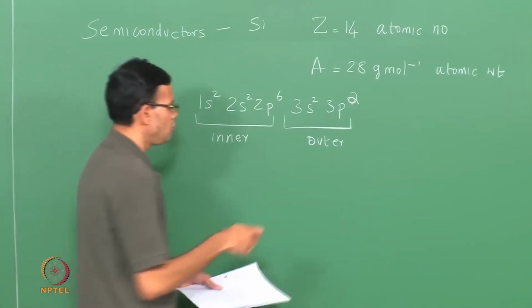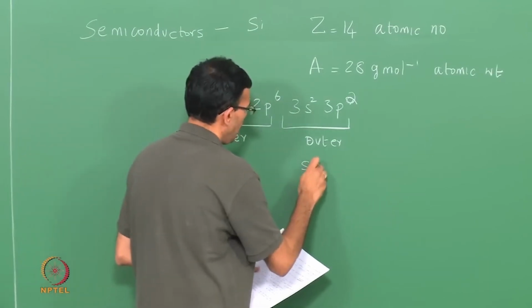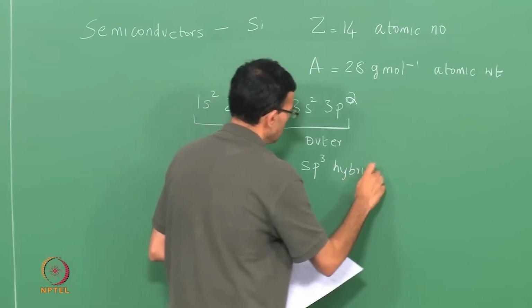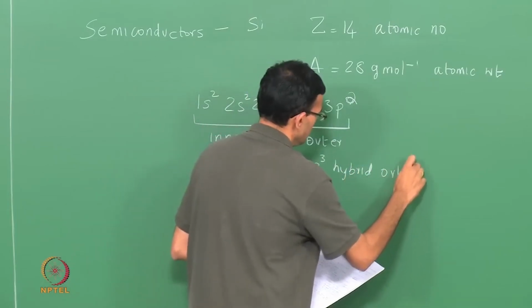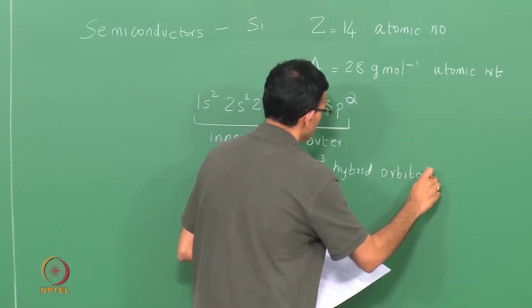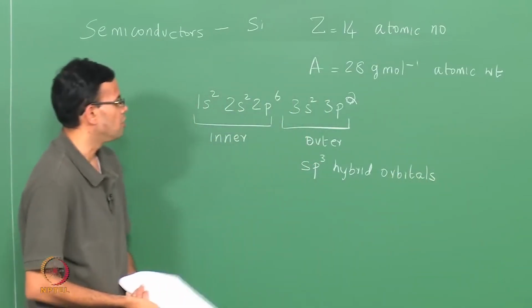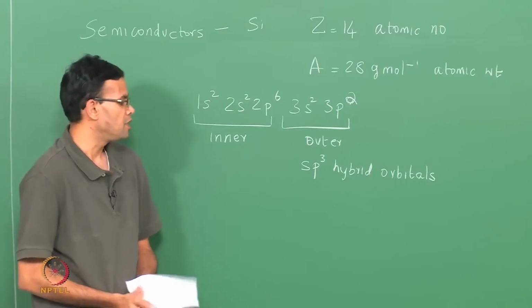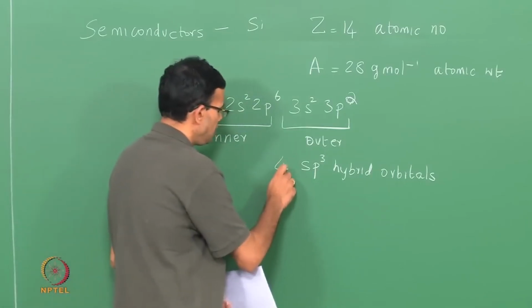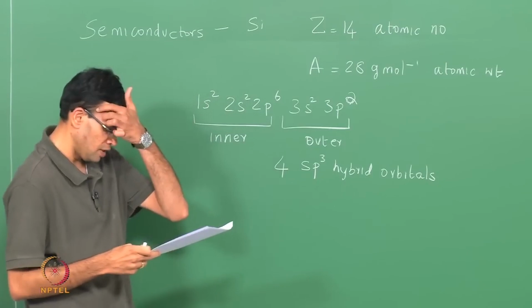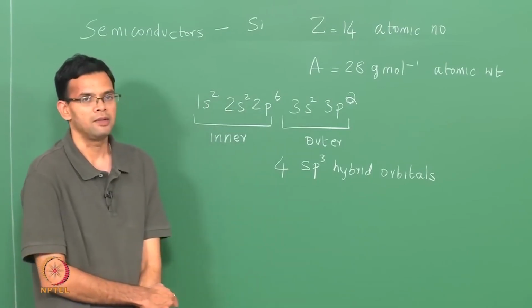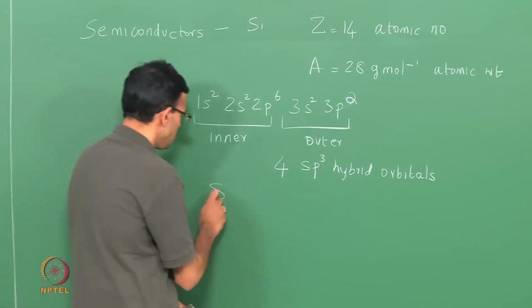They rearrange in order to form sp3 hybrid orbitals. So, you have 2 electrons in the s, 2 electrons in the p, and they hybridize to form 4 sp3 hybrid orbitals. Thus, each silicon atom can form 4 bonds.